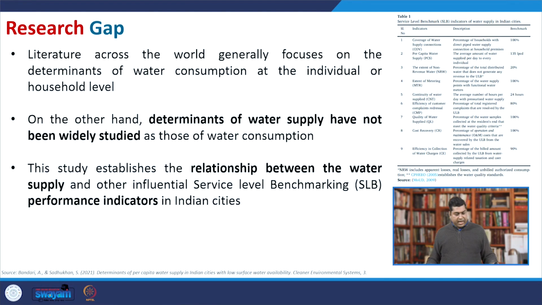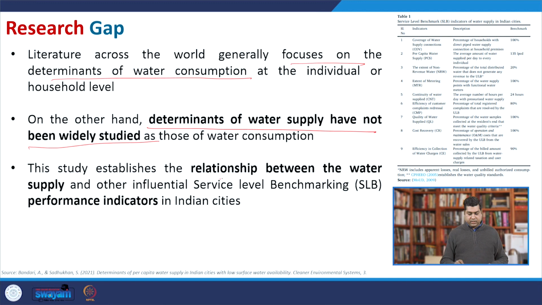Coming to the research gap, literature across the world generally focuses on the determinants of water consumption, that is, how we consume the water, not on the supply. The determinants of water supply have not widely been studied, so we thought of studying it based on secondary data.